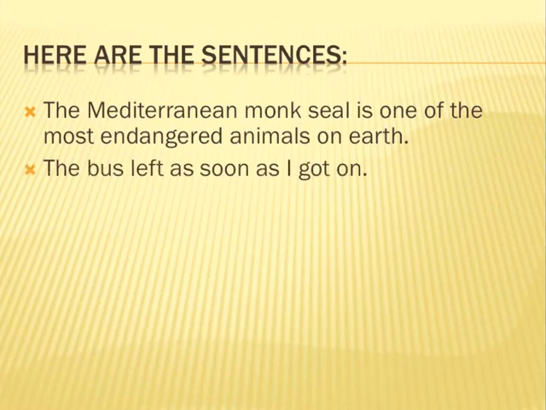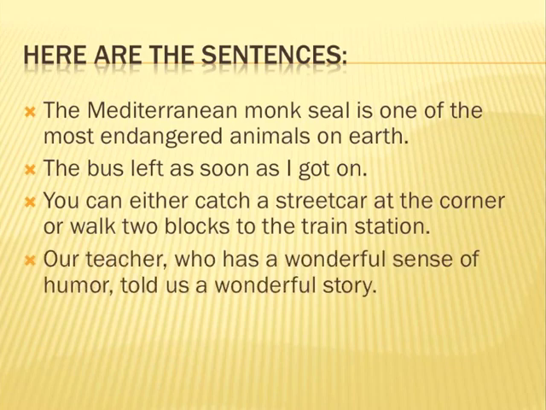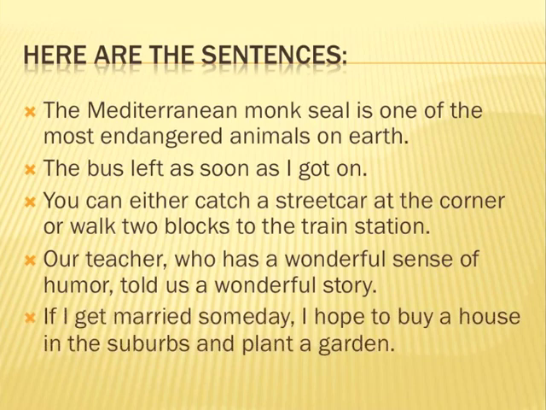The bus left as soon as I got on. You can either catch a streetcar at the corner or walk 2 blocks to the train station. Our teacher, who has a wonderful sense of humor, told us a wonderful story. If I get married someday, I hope to buy a house in the suburbs and plant a garden.